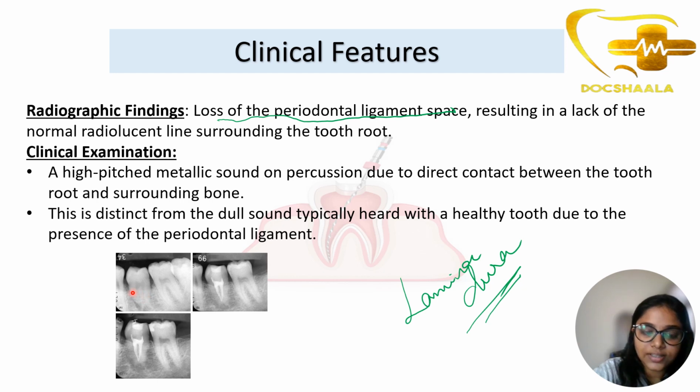This tooth is having lamina dura, and this tooth is not, so you can see the hollowness surrounding the tooth. The periodontal ligament space is lost.